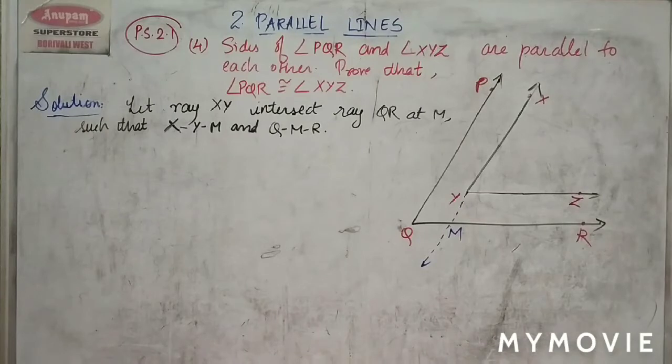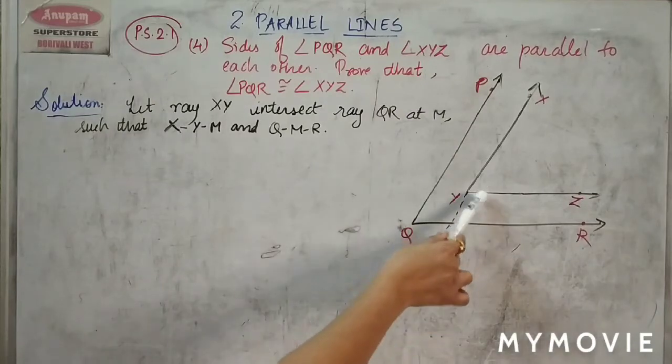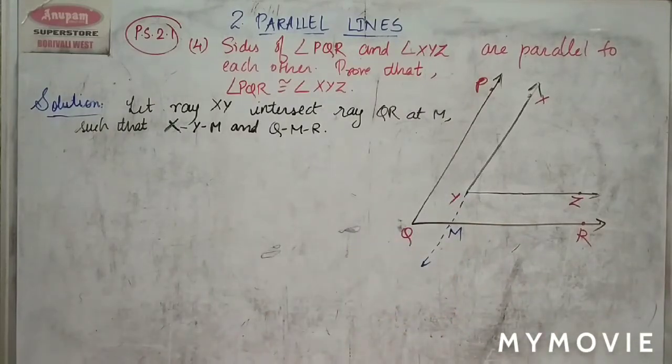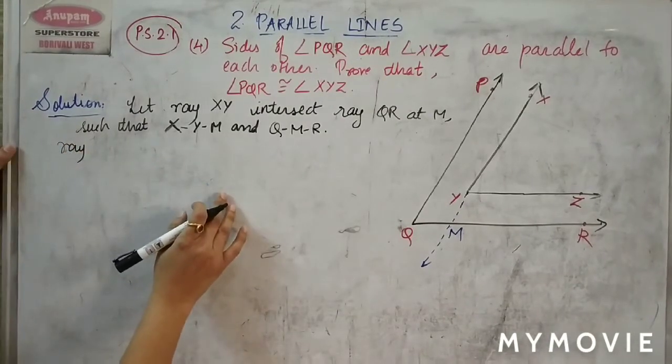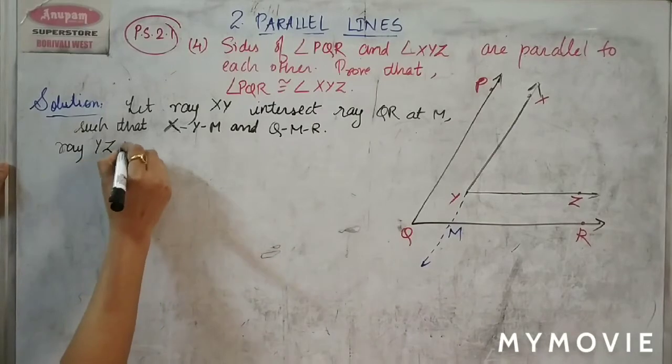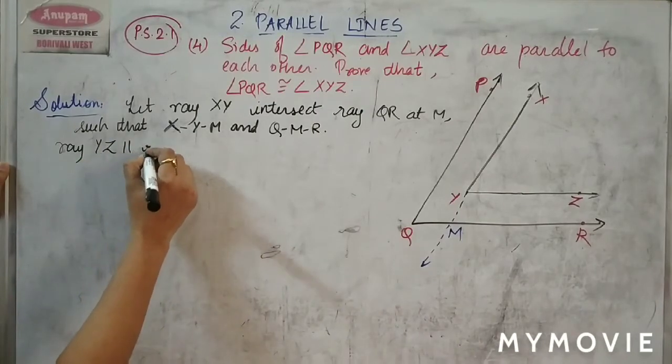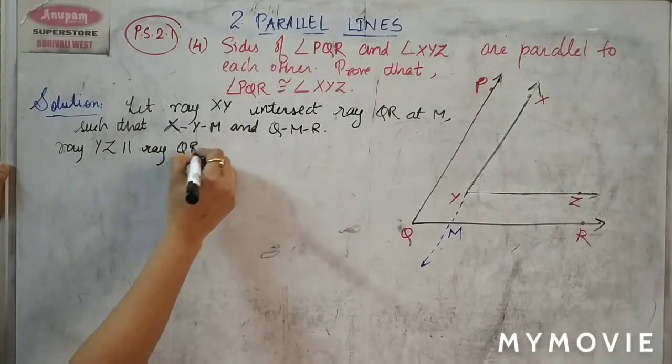We'll try to use the knowledge that we have studied. The first part, I'll try to say that YZ is parallel to QR. Yes, we all know that YZ is parallel to QR. So let me write that. I'll say ray YZ is parallel to ray QR, given.